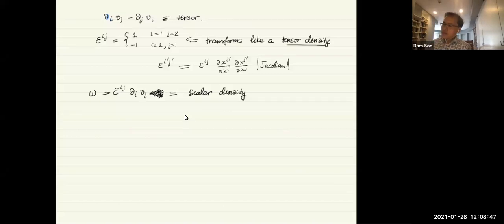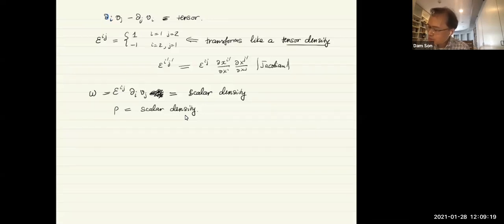So if it is a scalar density, it would transform in the same way as rho. Rho also is a scalar density. And from this, there is a very important lesson.